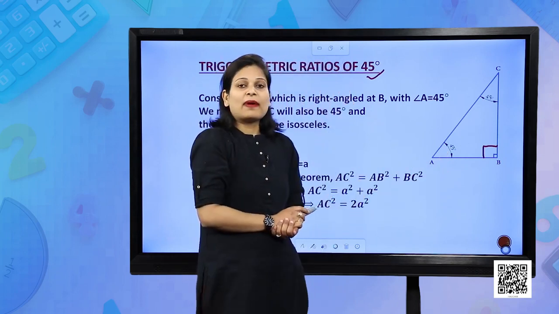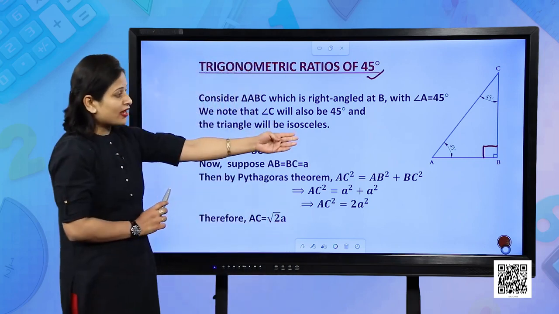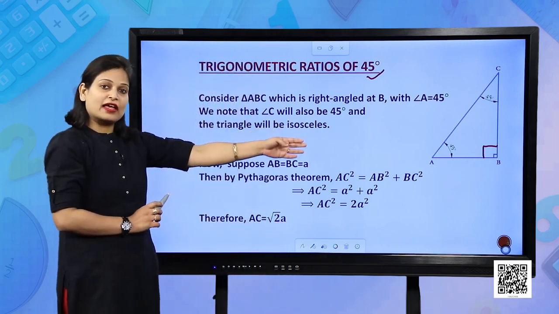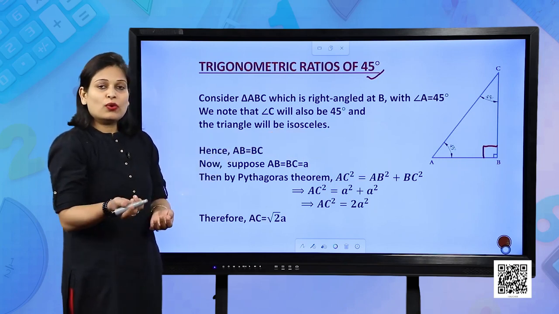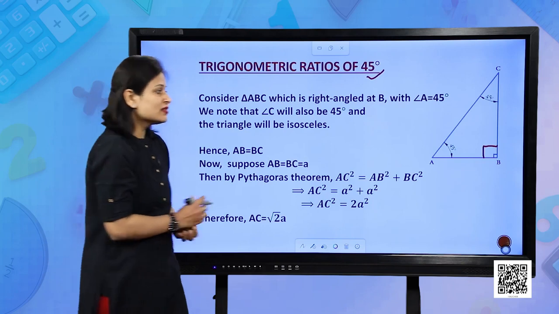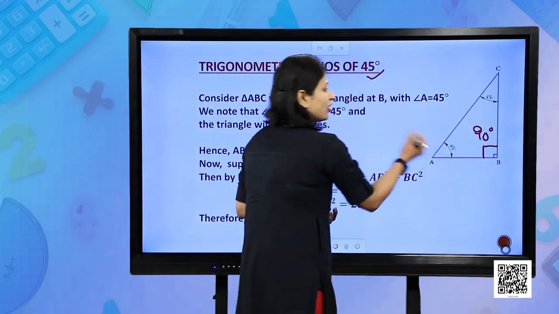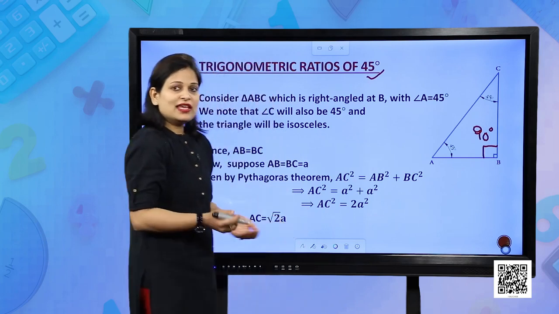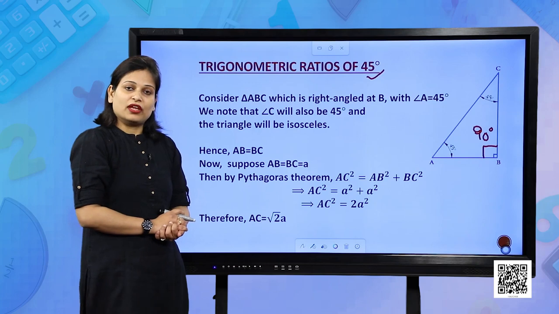Since you know by angle sum property, the sum of angles of a triangle is 180 degree. You know the measure of two angles which is 90 degree and 45 degree. So, you can easily calculate the angle C which is 45 degree.